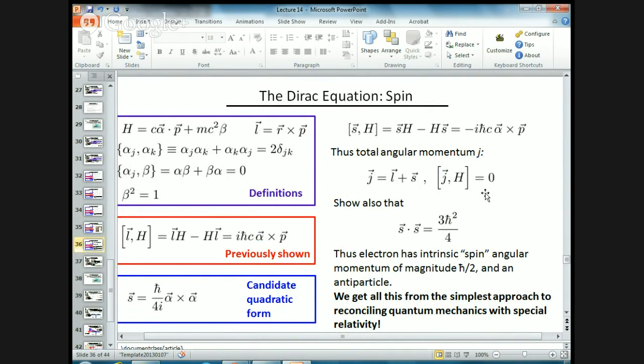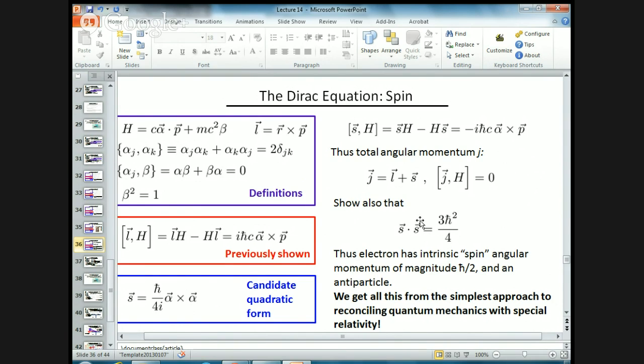And let's just make it very clear. In the limit h bar goes to 0, S goes to 0. It's purely a quantum mechanical quantity. It's based on these complex numbers, anti-commuting pure numbers of Dirac, so it's an intrinsic property of the Dirac particle.